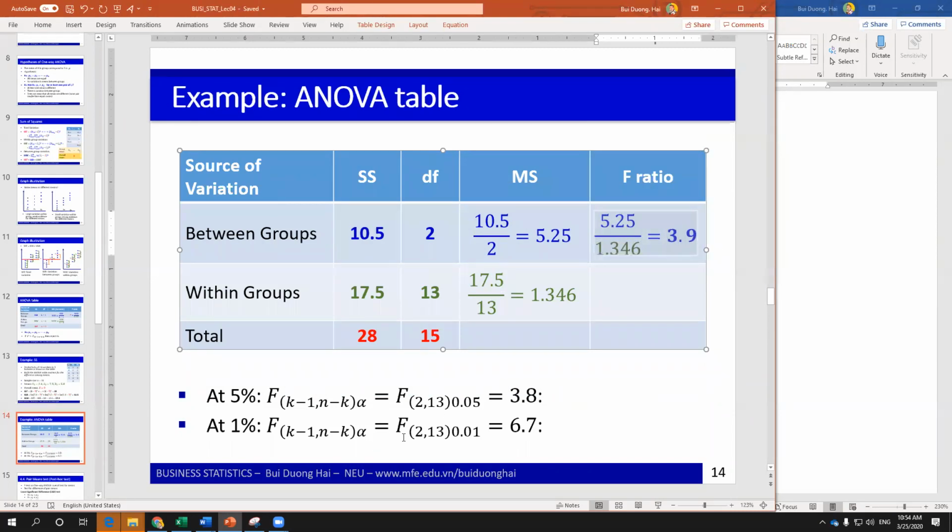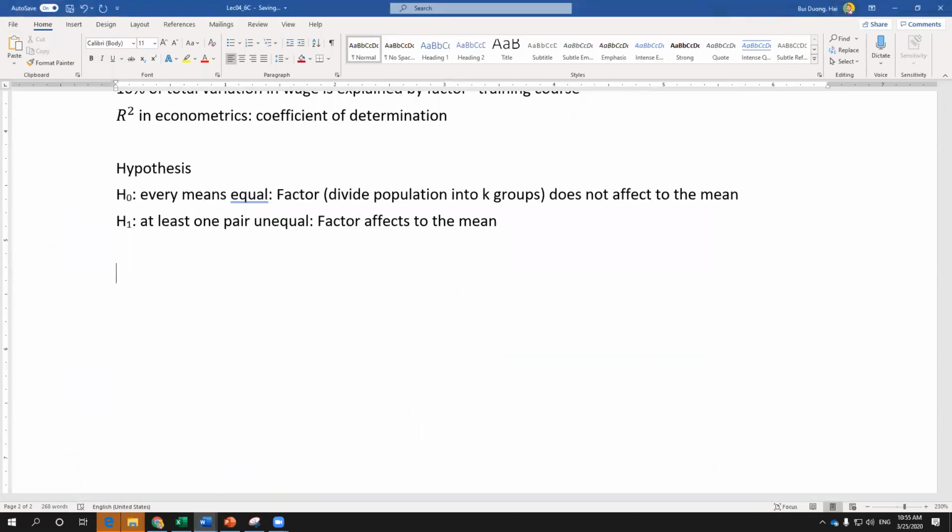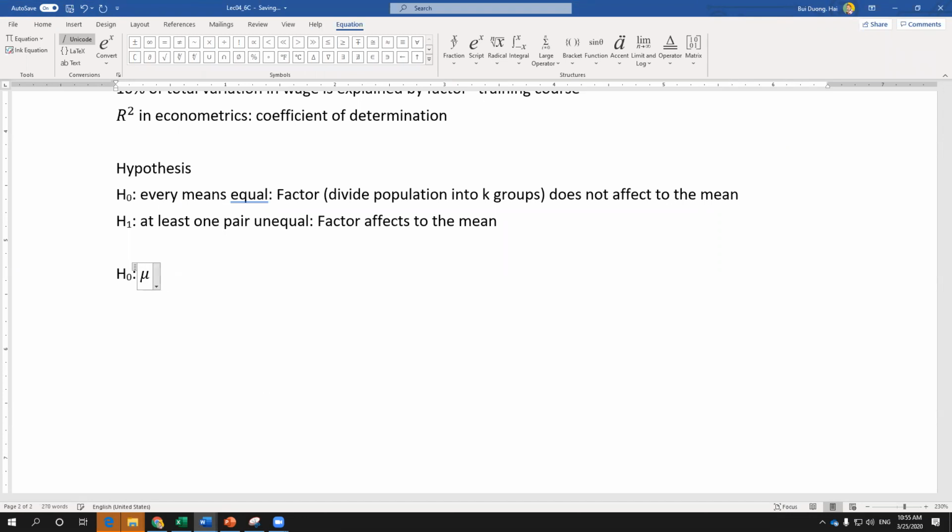Then now apply the F ratio to test the hypothesis. Now my hypothesis H0: mu 1 equals mu 2 equals mu 3.